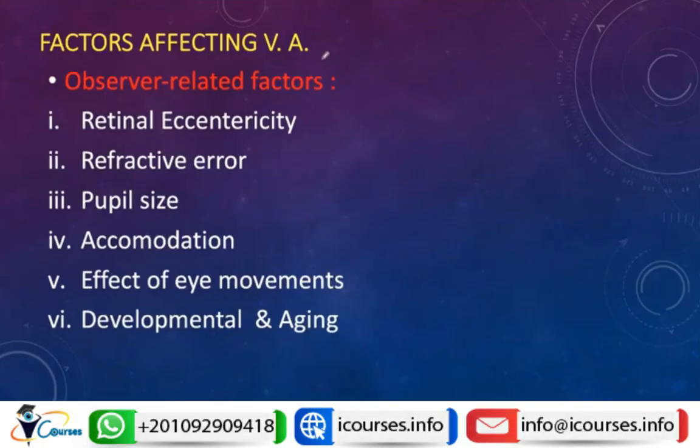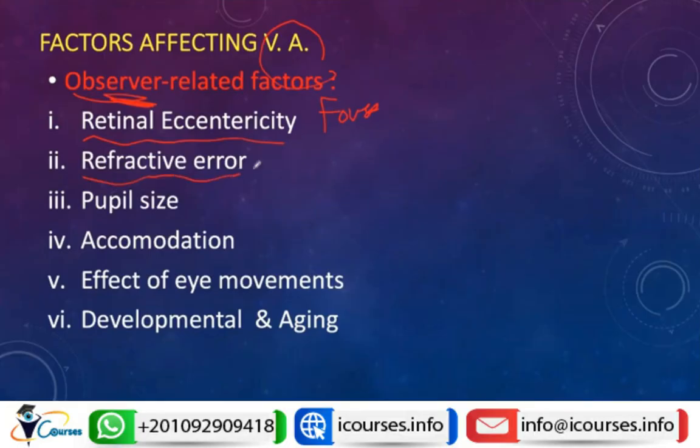There are also factors affecting visual acuity that are observer related, meaning related to the patient himself. First of all, retinal eccentricity. If the patient is looking with the fovea, then the patient will have the best visual acuity possible, unlike a patient with eccentric fixation who is looking with another part apart from the fovea.